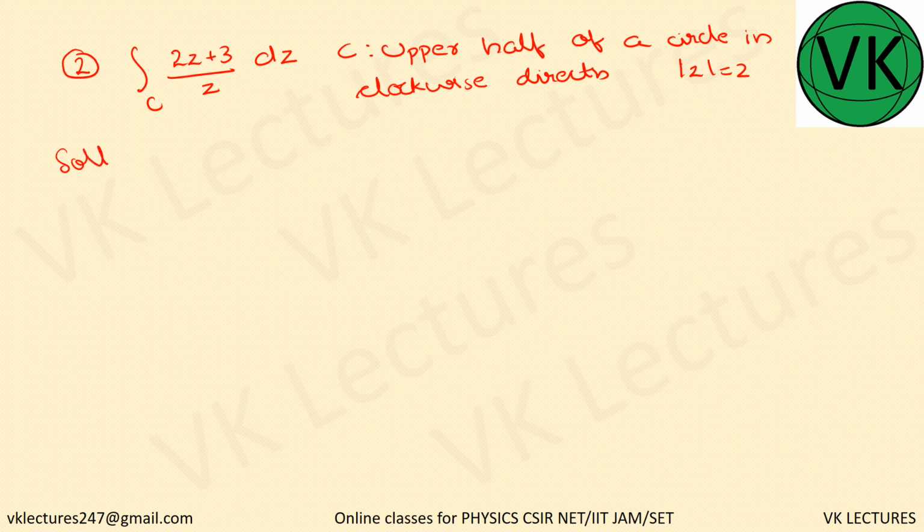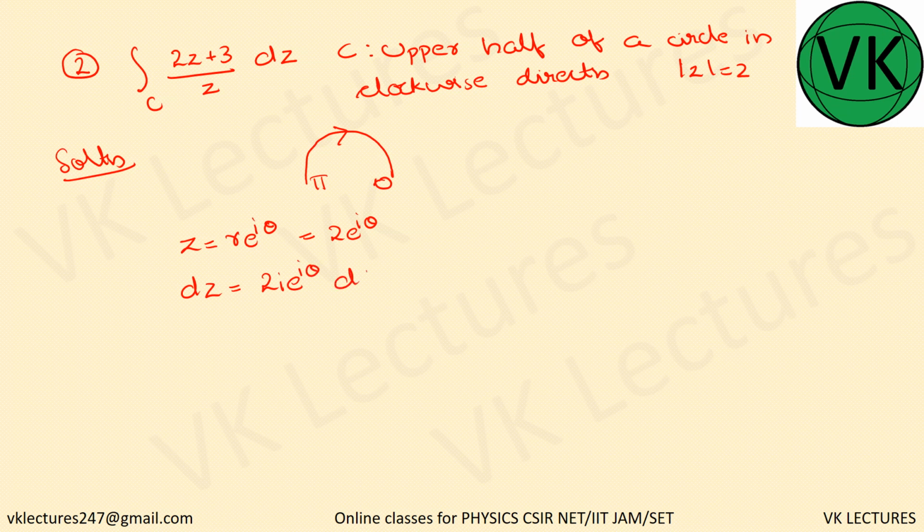Solution: if you are taking like this, pi to 0, z is equal to r e raised to i theta, 2 e raised to i theta. So dz is equal to 2i e raised to i theta d theta.